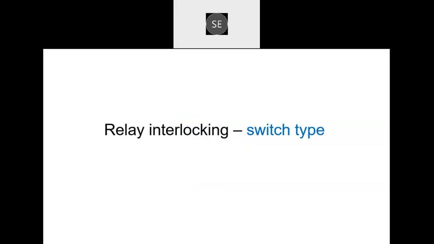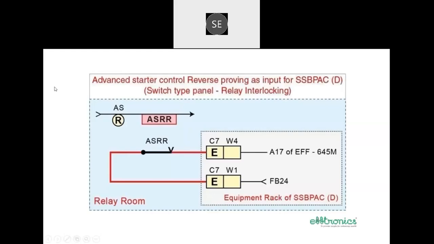There are different interlockings, and first we look at relay interlocking of switch type. As I said, advanced starter RR, in case it is a switch type panel, the advanced starter RR wiring looks like this. If we have a relay there, we just have to wire a contact to the block instrument. We are using the advanced starter RR relay front contact as input.